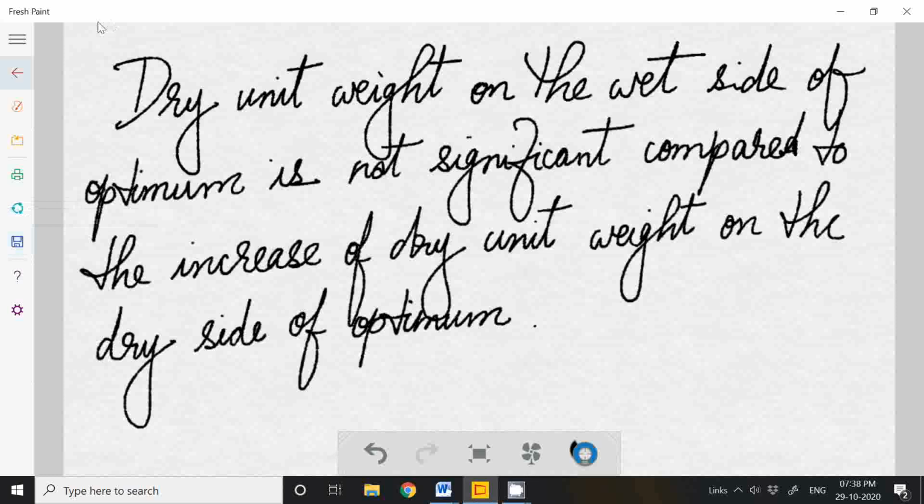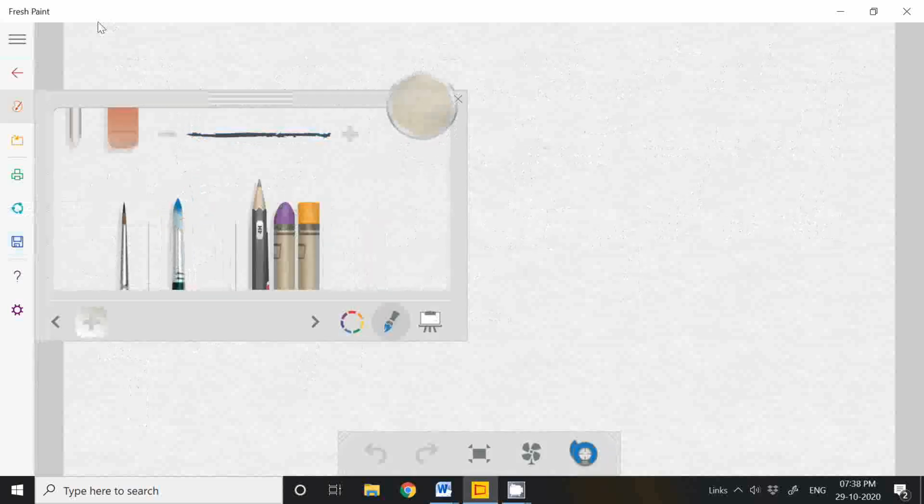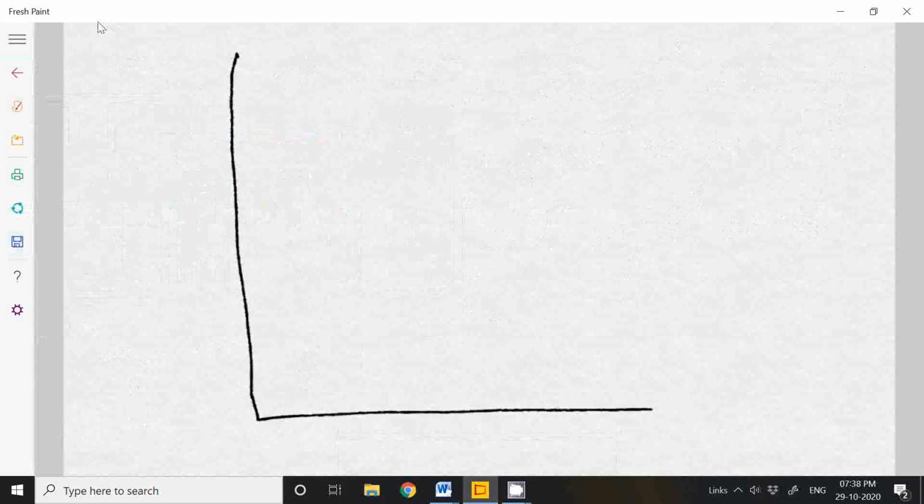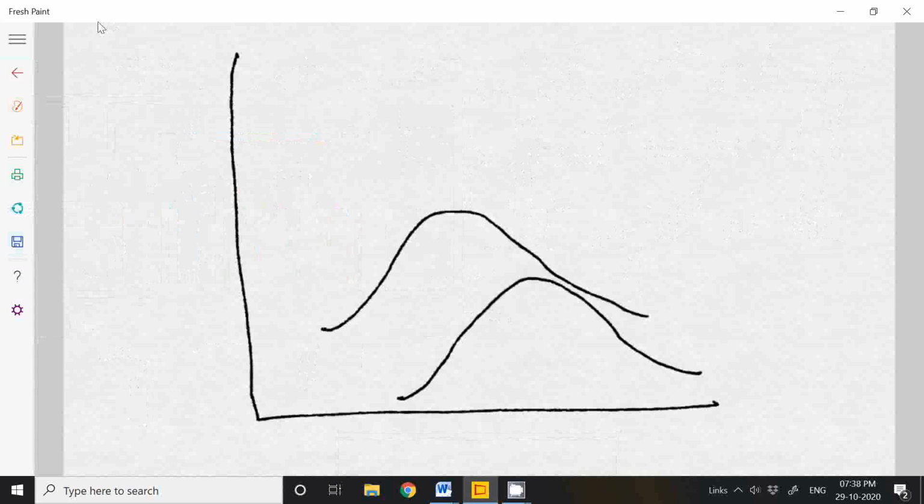Okay, and we have also discussed this one. Suppose this one is the curve; on increasing the compactive effort, what we get is like this, again like this, and like this.